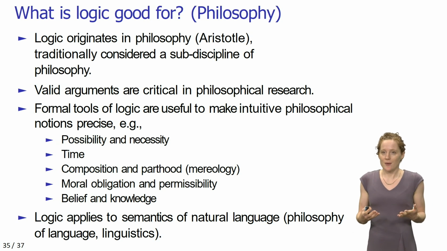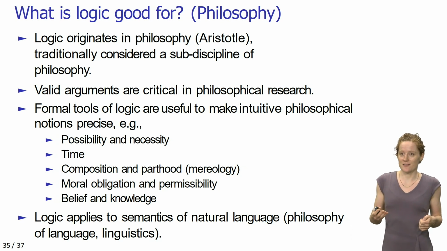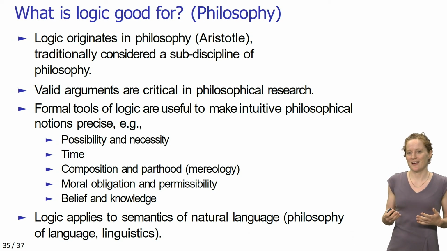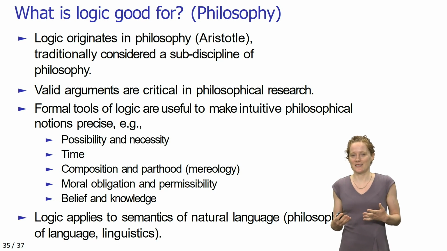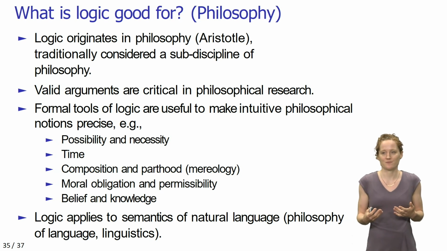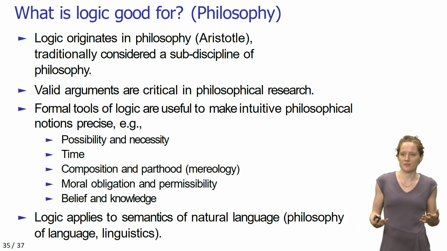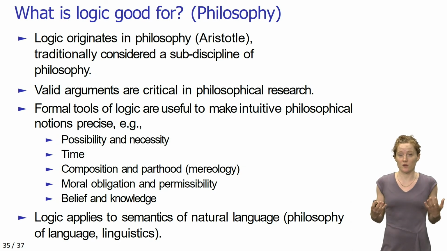So one important application of logic is in philosophy. In fact, logic originates in philosophy, specifically in the philosophy of the ancient philosopher Aristotle, and it is traditionally considered a subdiscipline of philosophy. Now, valid arguments are critical in philosophical research. Philosophers want to develop valid arguments for philosophical viewpoints.